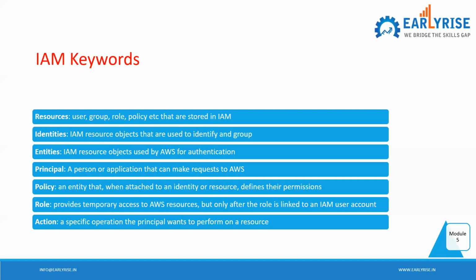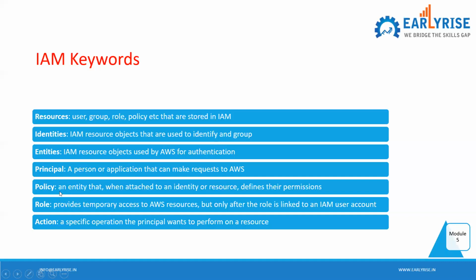So it may be the root user, or it may be some IAM identity, that entity. So they can be a principal with respect to a person, or it can be some kind of application. So the application will have some role. So through that, in general, we call it a principal, right?